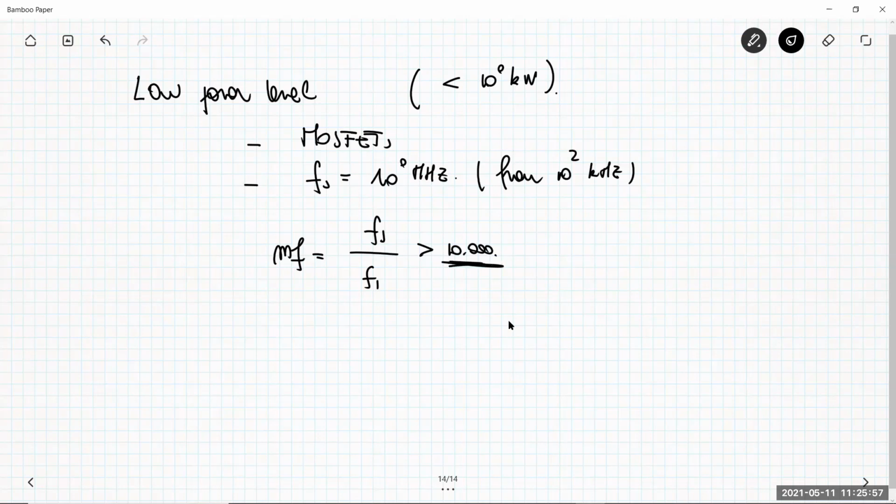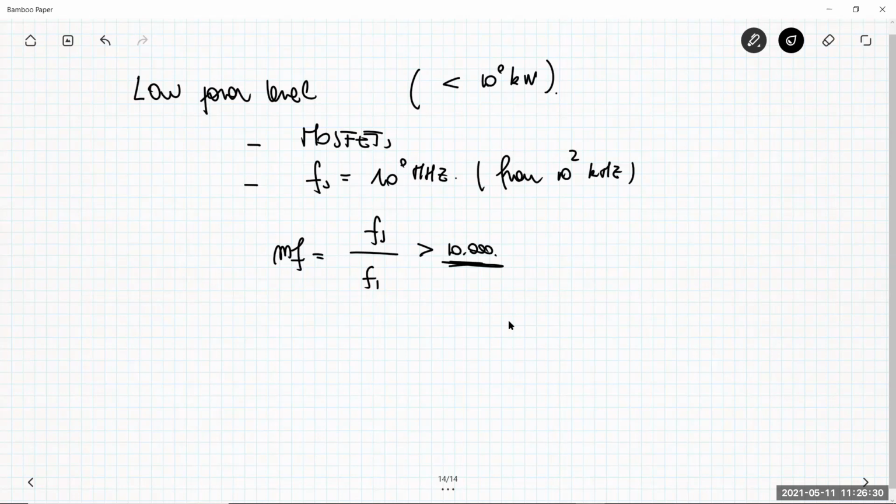So in that case, basically, what happens is that the filtering out is so simple that you can typically use the filter made up simply by the circuit of the actuator you are driving. The equivalent components of the winding of the motor you are driving by itself act as a low-pass filter.